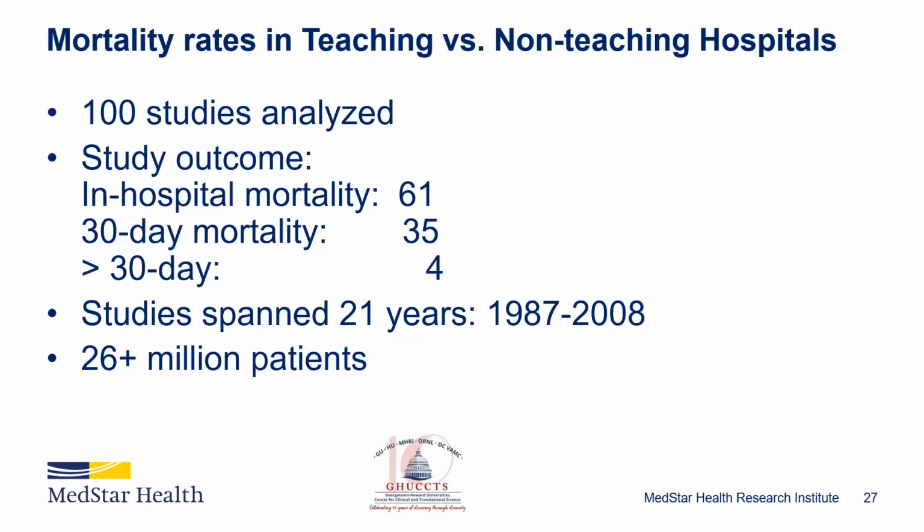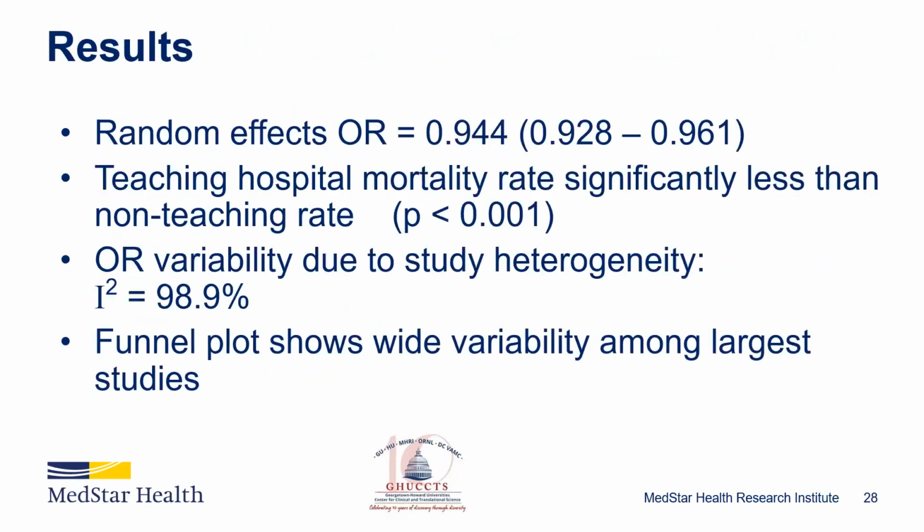So the results turned out to show, using the random effects, an odds ratio of 0.9, and the confidence interval did not include 1, so we would conclude that for a teaching hospital, the mortality rate was significantly less than the non-teaching rate.